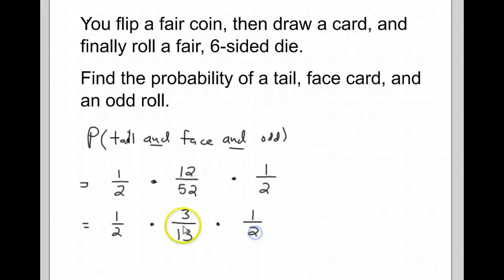Nothing else reduces vertically or diagonally, so I just multiply. Straight across the top I get a 3. Straight across the bottom, 2 times 13 is 26, times 2 is 52. So there's a 3 out of 52 chance that this series of events happens: a tail, followed by a face card and an odd roll. Not a very good chance, even though two of them were 50-50 chances. This middle one wasn't that likely.